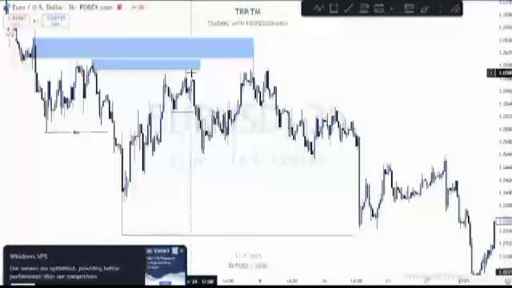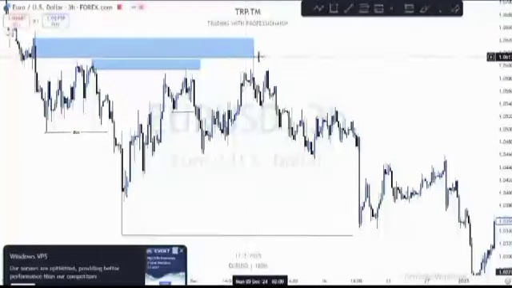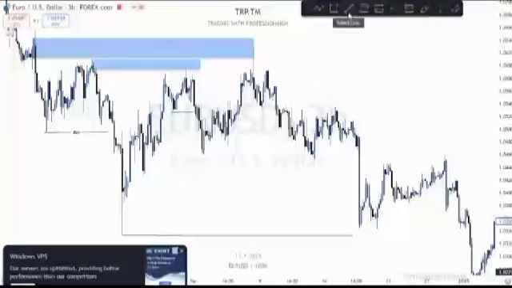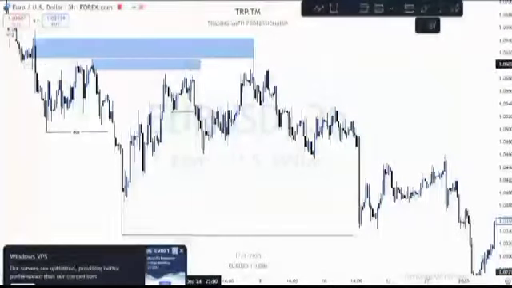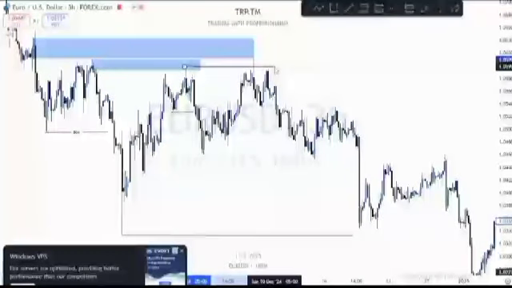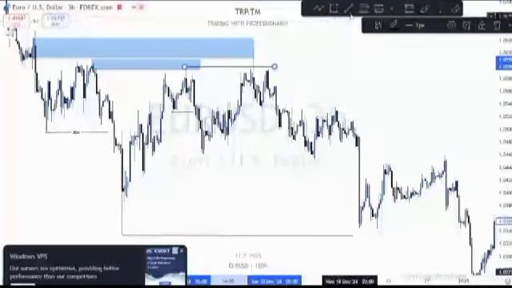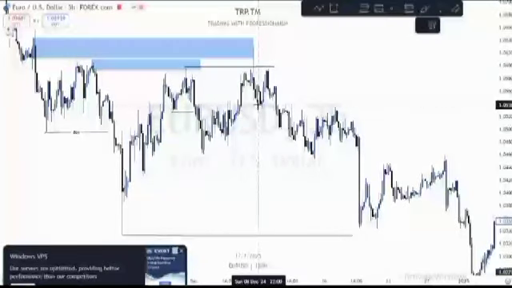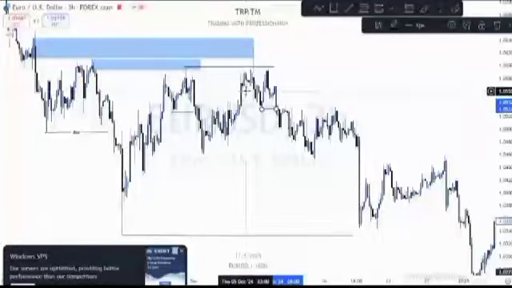So the market would have come and then reacted from this one here, using this one as inducements and taking out all the liquidity there. So it will take all the liquidity on this high here, then shifted structure here. But the real shift of structure actually happened around here.